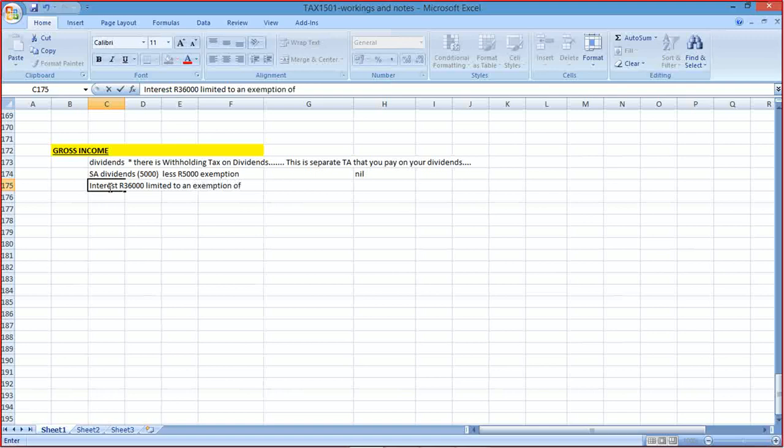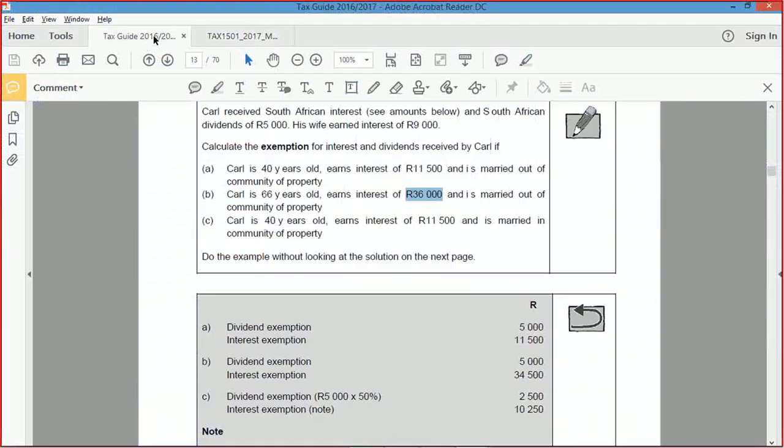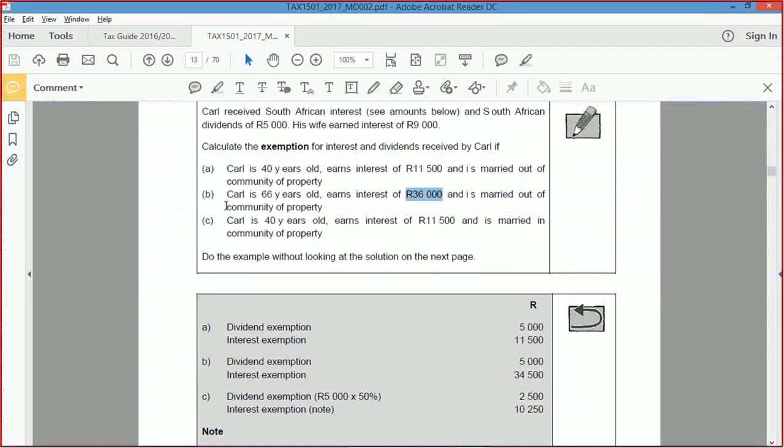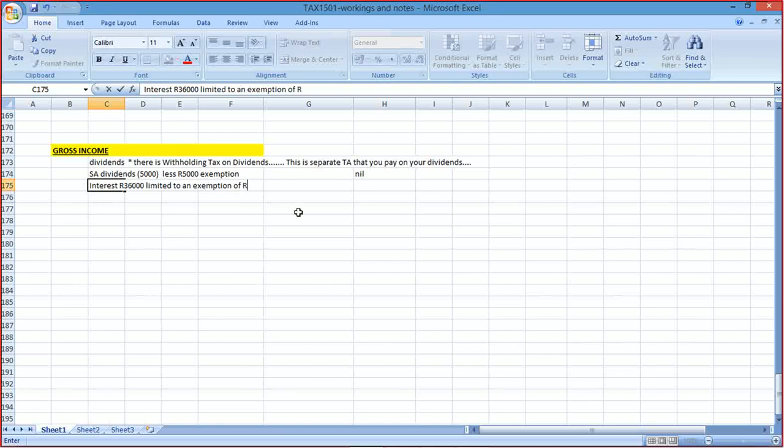Okay, and then you would show nil here. Right, then you would show interest. Interest 36,000, limited to an exemption of, go back to that page, 34,500. Yes, 34,500 here, older than 65.